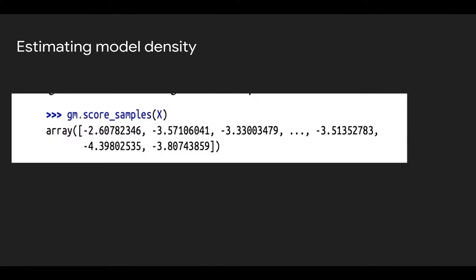Now, another nice and important function of GMM is the ability to estimate model density for each of the instances given. Using the score_samples method, the log of the probability density function can be calculated and will be returned as the density at each of those instances.